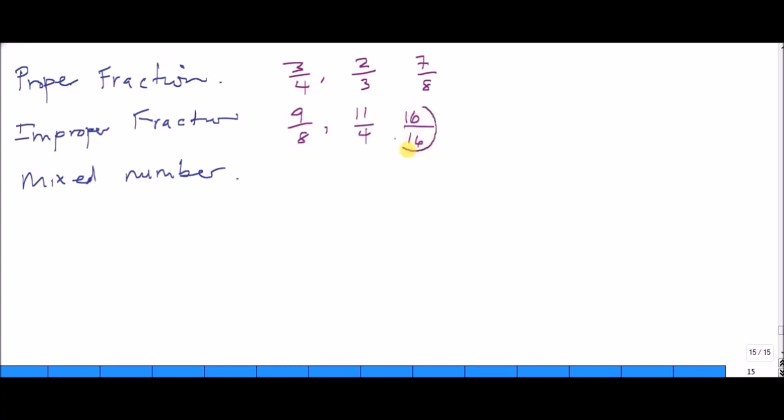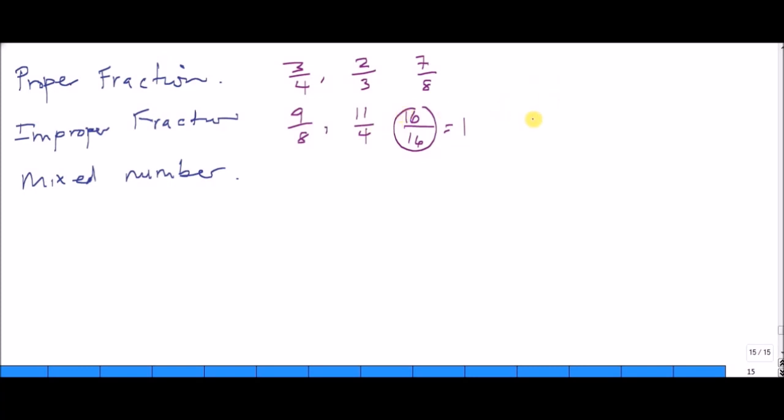We know that 16/16 is equal to 1, because this is simply saying how many times could I take 16 out of 16? 1 whole time. In this case, the numerator 11 is greater than 4, and 9 is greater than 8. And moving into the mixed numbers now, we will see exactly how this fraction is considered to be greater than 1.